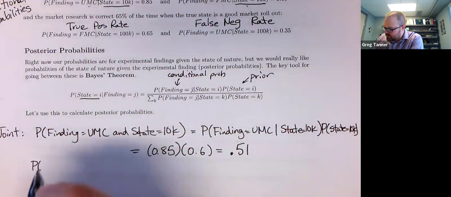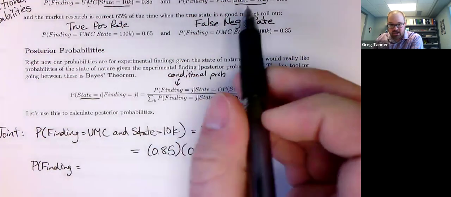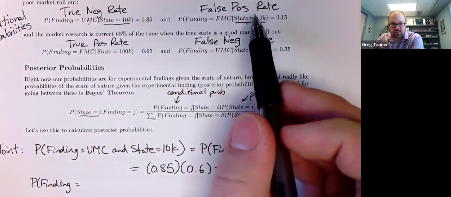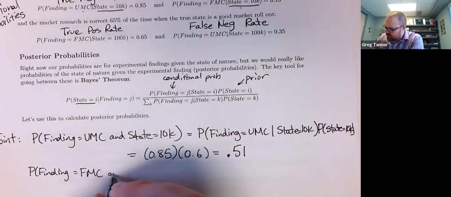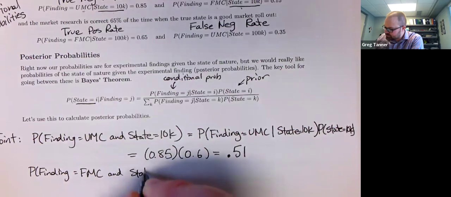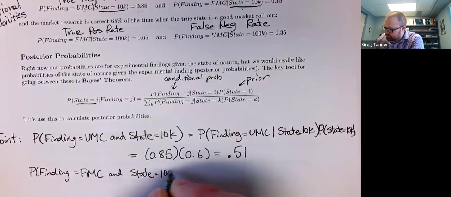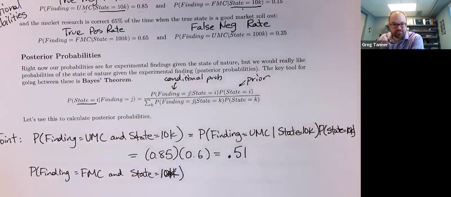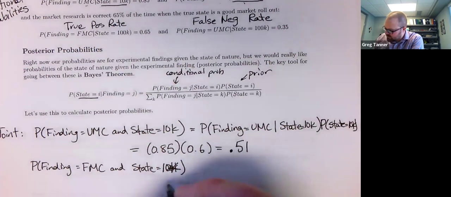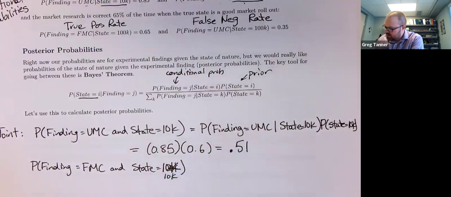So we can look at the probability of finding equals, I'll keep moving through this table. So we'll do FMC and state equals 100K. Oh no, 10K. Here, I'll write that underneath 10K.